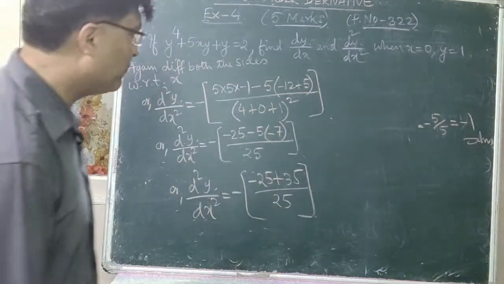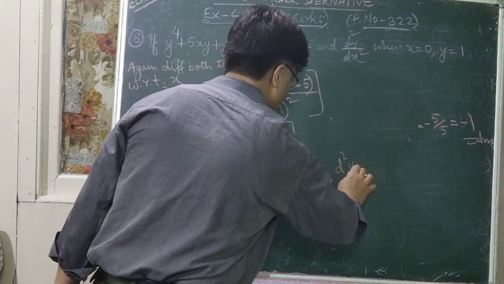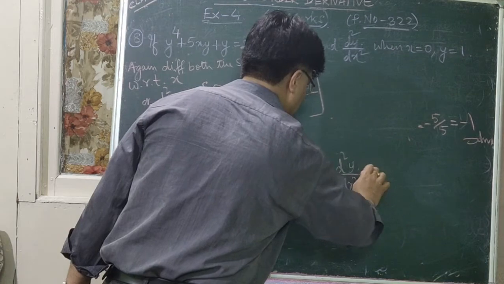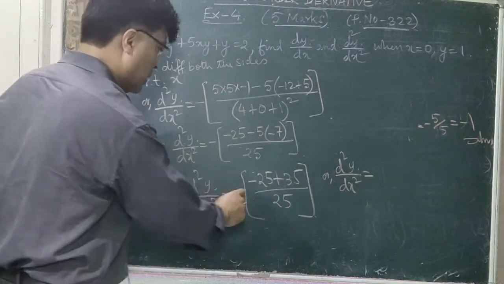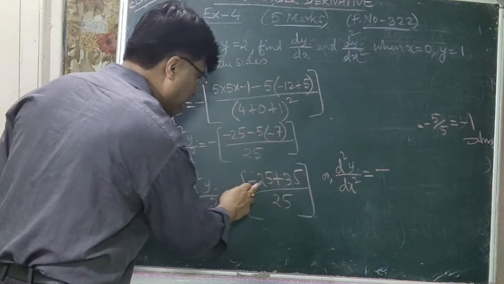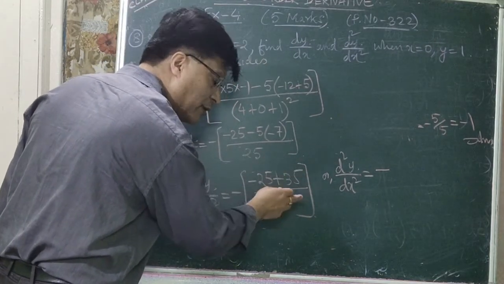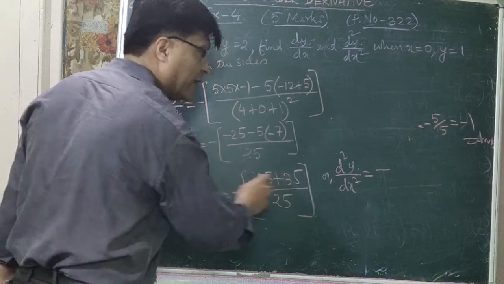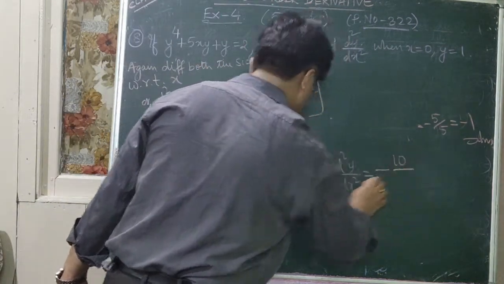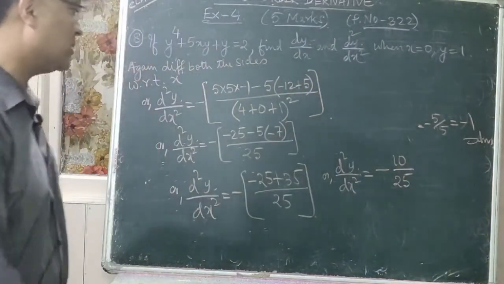So we can simplify it further. That is, d2y by dx square is equal to minus, you have minus already. What is 35 minus 25? You have to write down the sign of the greater number. What is minus 25 plus 35? That is plus 10 divided by 25. So I think you have understood it.